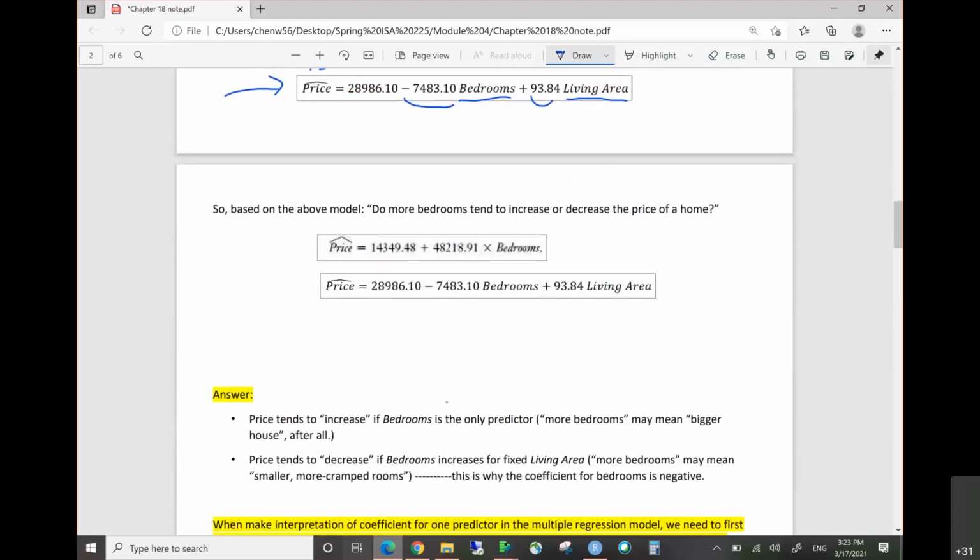When we do the simple linear regression with only the number of bedrooms, we have this equation, and b1, the coefficient for the number of bedrooms, is 48,218.91. But now, when I add the living area into the regression, the coefficient of the bedrooms changes to negative 7,487.83. How does that happen?